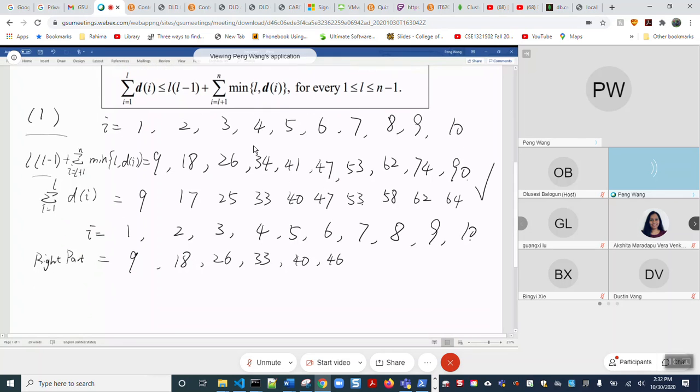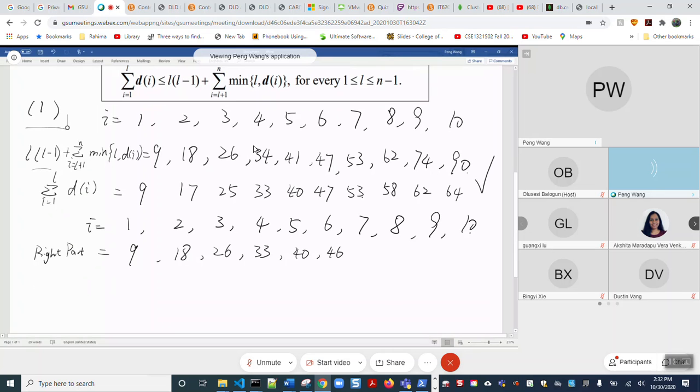And when you are doing the exam, you can calculate the left part and right part simultaneously. Your left part will be equal to 9 and 17 and 25 and 33 and 41.